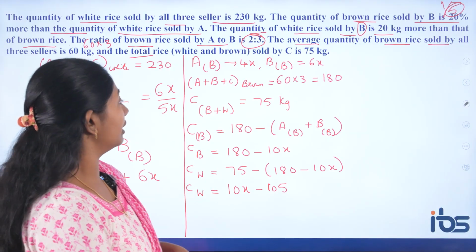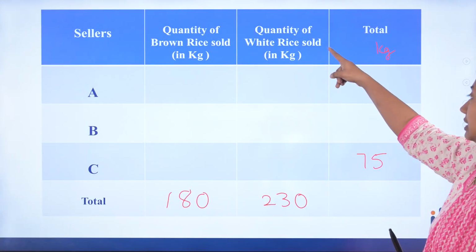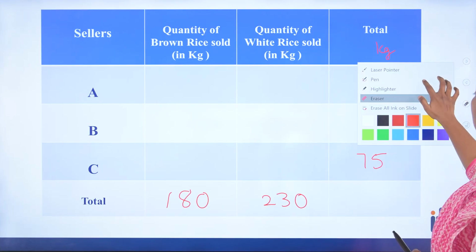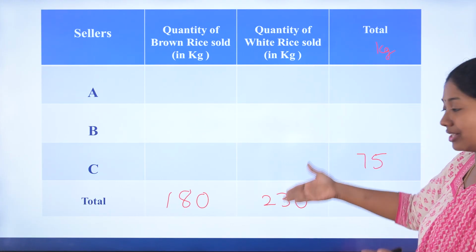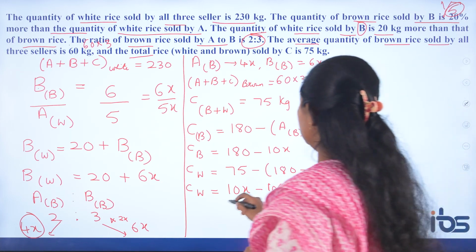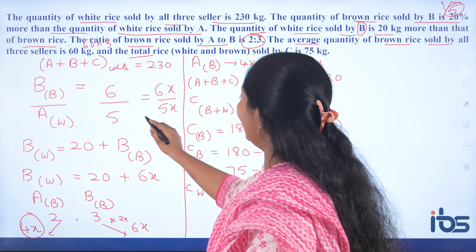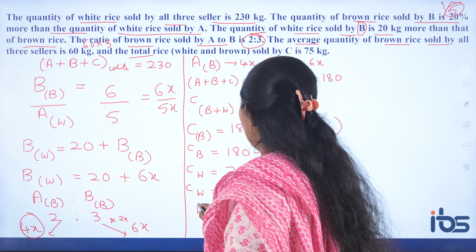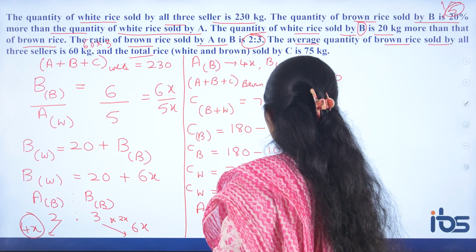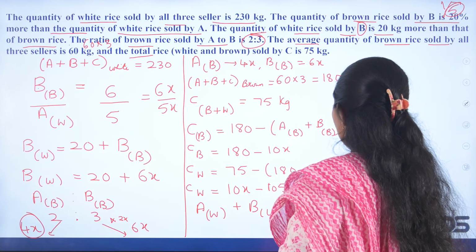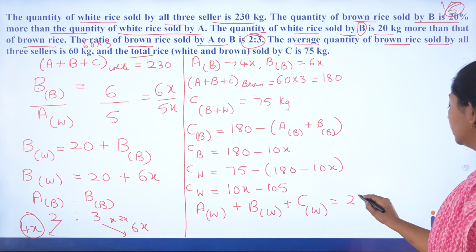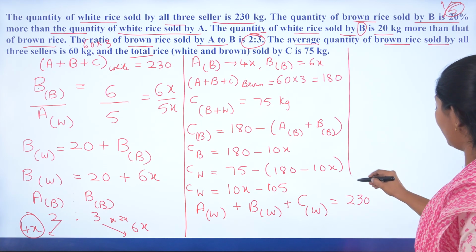So already in this table they have said the quantity of white rice sold is 230. So let me equate total white rice to 230 so that I will get the value of X. AW plus BW plus CW, that is A white rice plus B seller's white rice plus C seller's white rice, is 230.